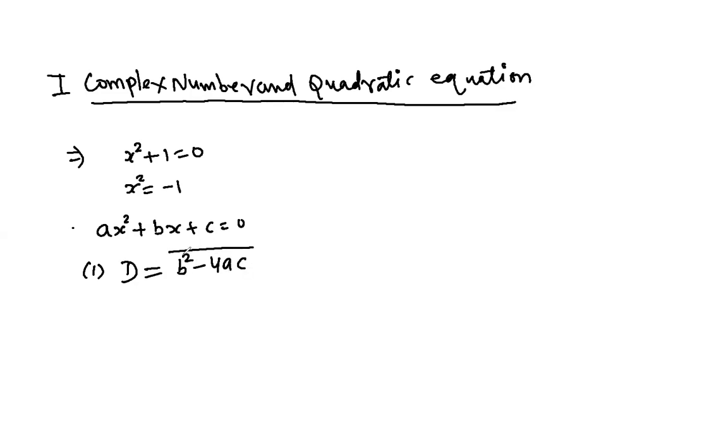Now, on the basis of the sign of D, b square minus 4ac can be equal to 0, it can be greater than 0, and it can be less than 0.